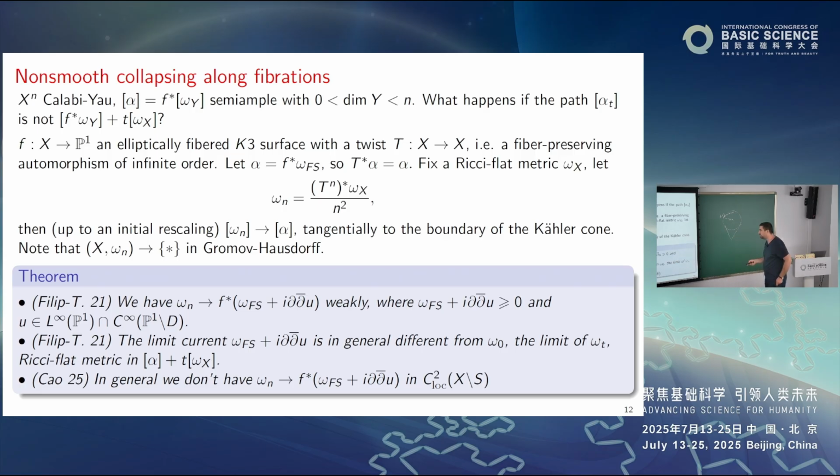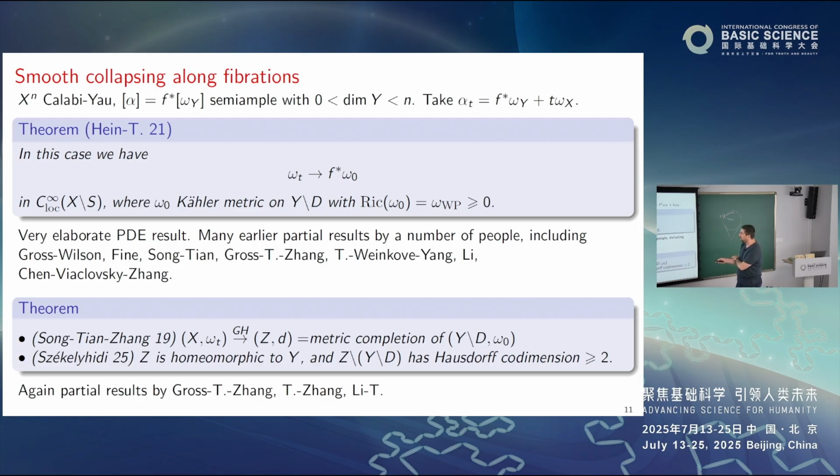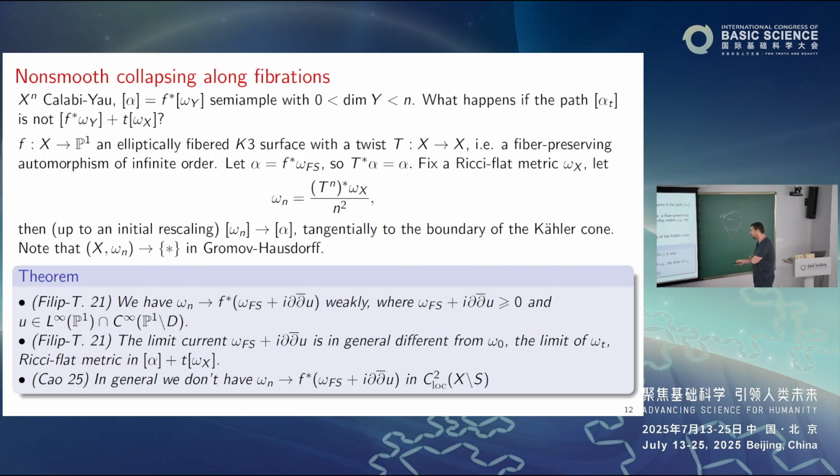And my student, Junyu Cao, just recently observed that in general, you do not have the higher order estimates. So remember in the previous theorem, as I told you with pain and suffering, we proved the C-infinity estimates. So here, you cannot have C2 estimates for this family of collapsing Ricci flat metrics. And it's an open problem to see exactly how many derivatives you can control.